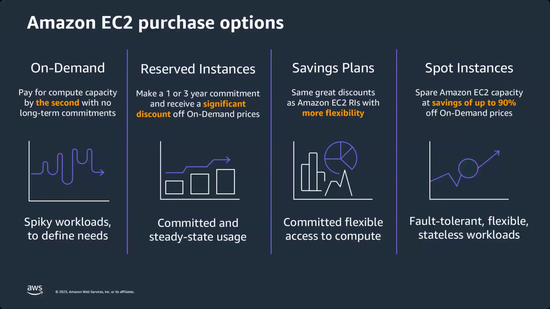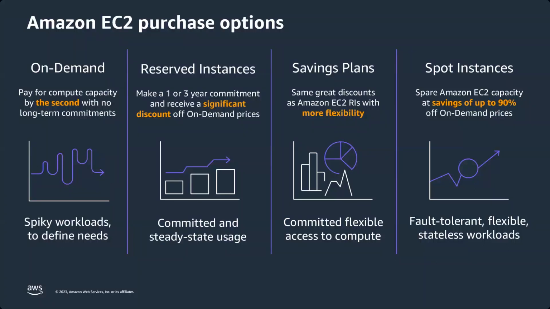And the last option, which I talked about very briefly at the start, is spot instances. Spot instances offer up to 90% discount, but you should really use them for fault-tolerant, flexible, and stateless workloads. Because AWS can claim your capacity to run other workloads, like on-demand workloads.